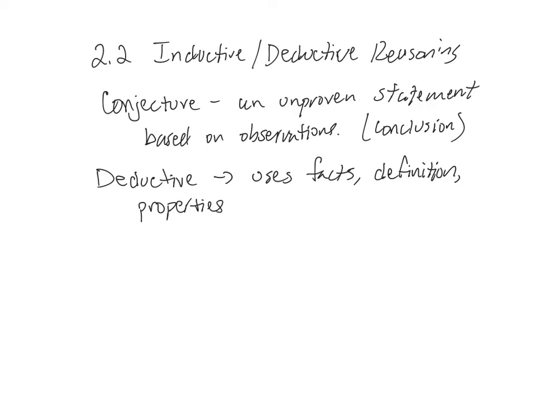There's some other things, but to make conjectures. So what we're going to use in a few days is this idea of using some definitions and properties, theorems, postulates that we use in geometry.